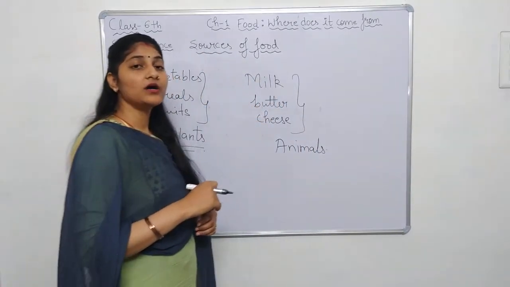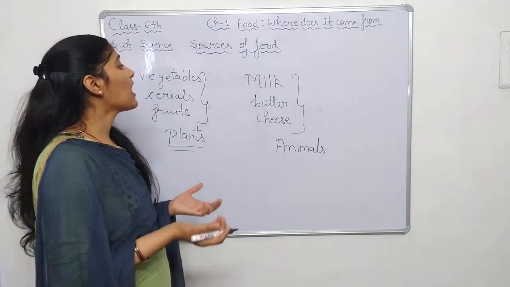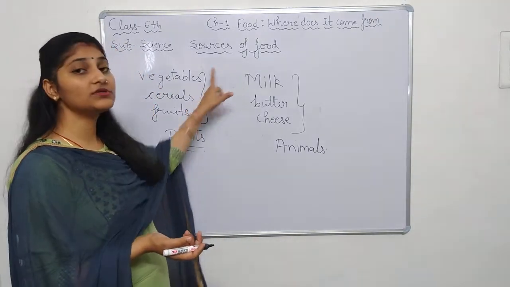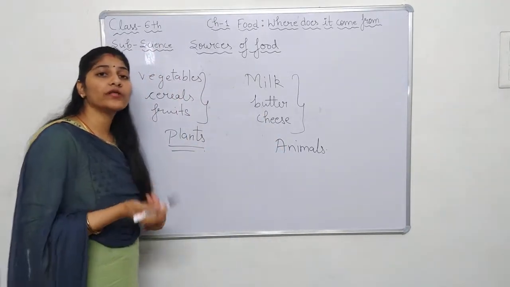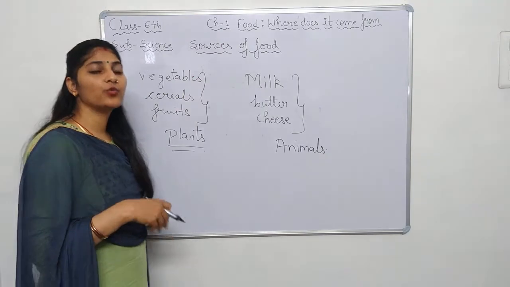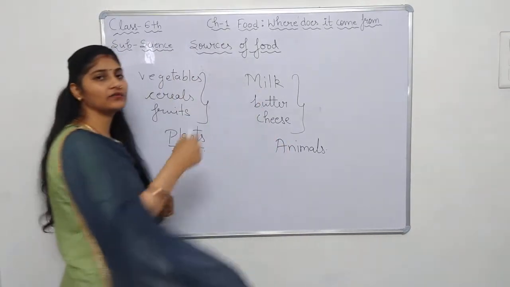So we can conclude that our main sources of food are plants and animals. Whatever food we get, we get it either from plants or from animals.